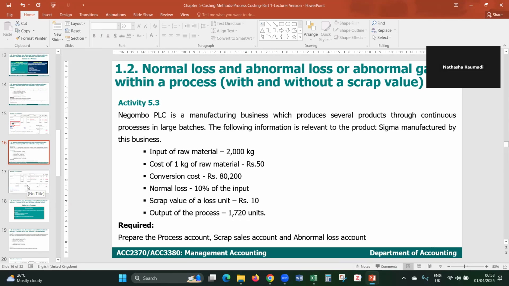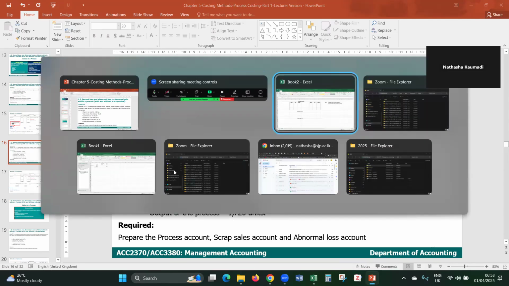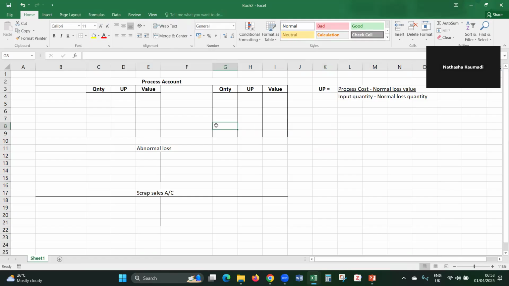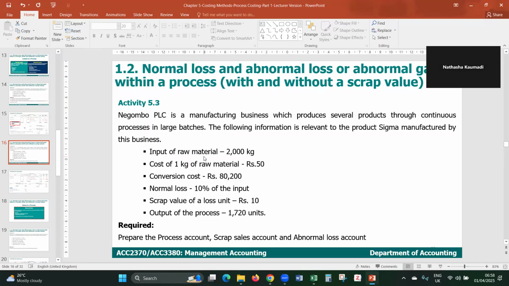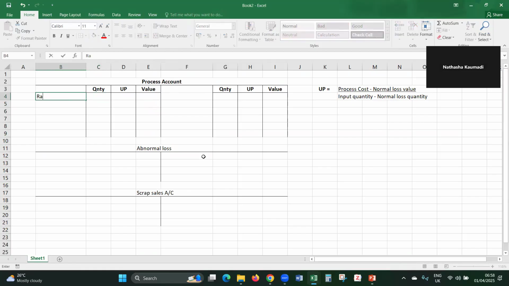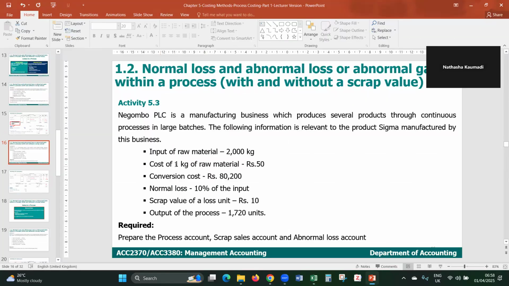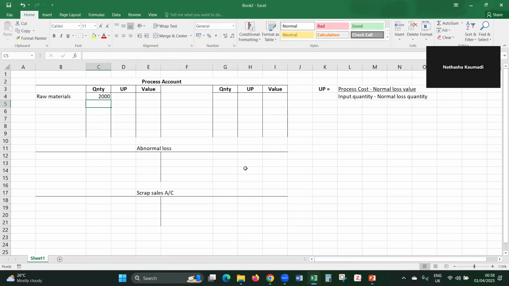Okay, now if we draw the process account for this question, I already have the format of the process account, as you can see. So I will put the numbers. Input of raw materials: quantity is 2000. And then cost of 1 kilogram of raw material 50.